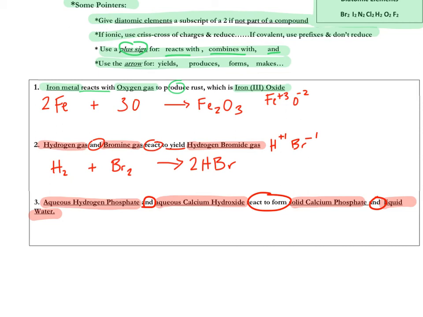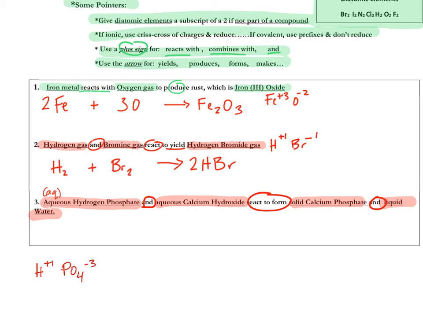So aqueous means that the substance is dissolved in water. So in parentheses, we're going to put AQ. Hydrogen phosphate. So let's see, hydrogen phosphate. I'm going to do this down here at the bottom. So hydrogen phosphate.